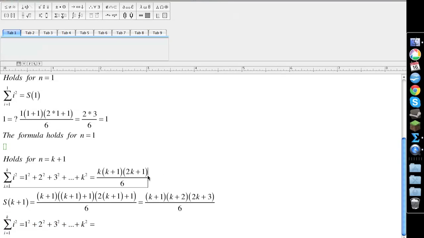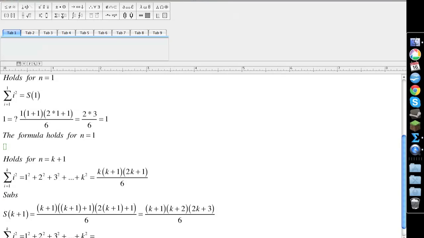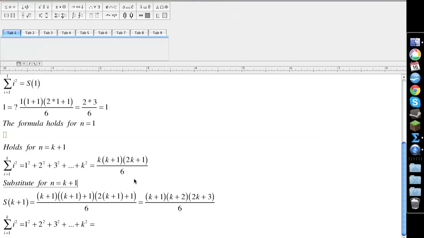So I can say here substitute for n equals k plus 1. Then I put k plus 1 here, and then I put k plus 1, and this whole thing is going to be squared. And that's supposed to be the same as this.